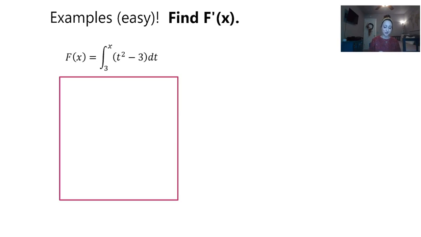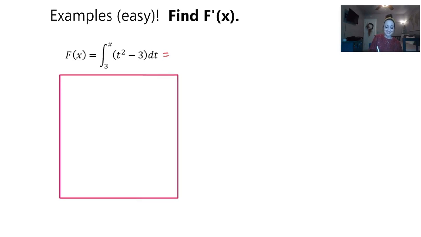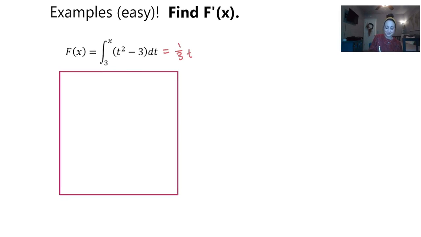Okay, so first of all, it says capital F of x is defined by that integral. So let's go ahead and find the definite integral, and then it says, okay, now I want you to find capital F prime of x. Okay, so if I'm going to look at just this integral, let's work through this. So I would need an antiderivative, which would be 1/3 t cubed minus 3t, right?